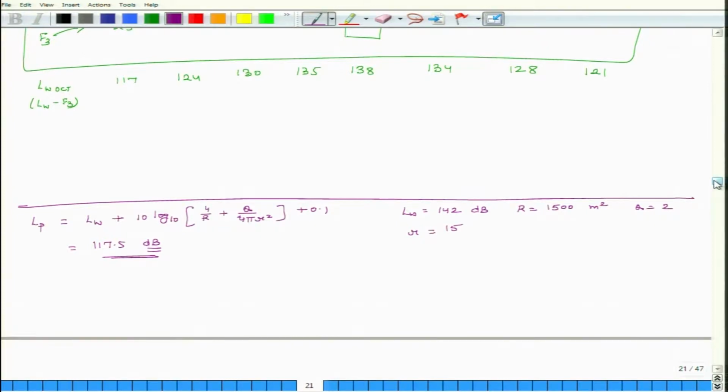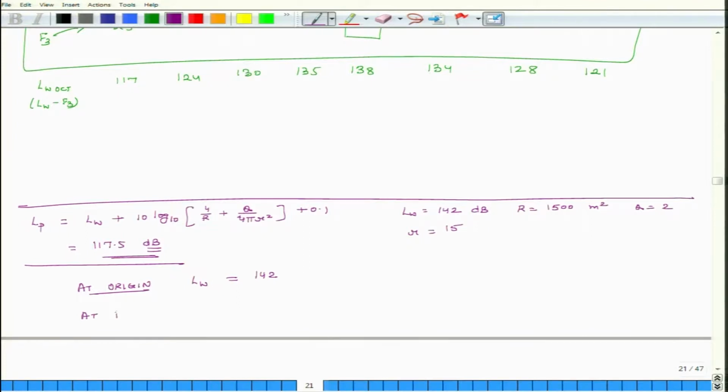Now here is the thing. At origin, LW is 142, right? This is what we have calculated.